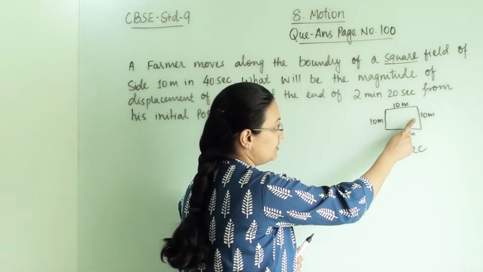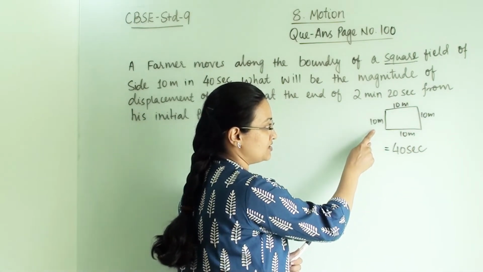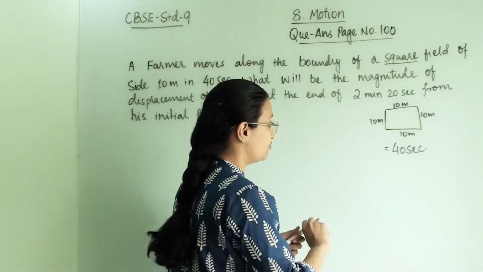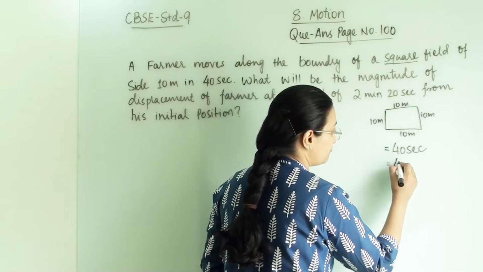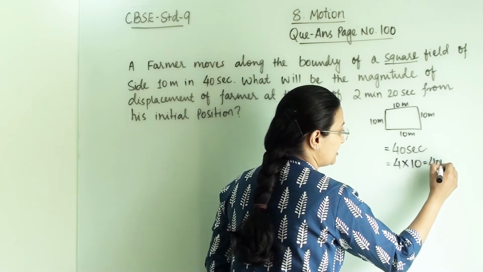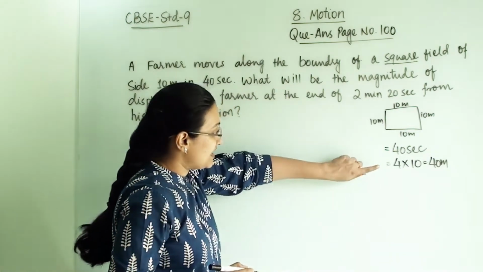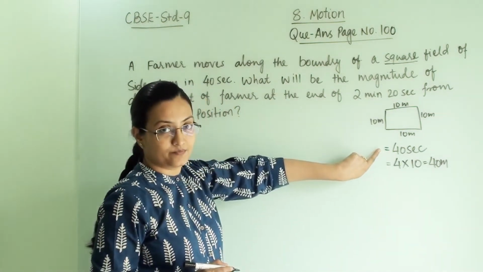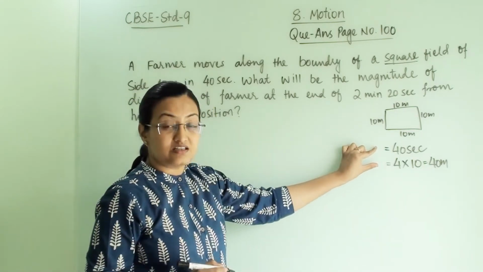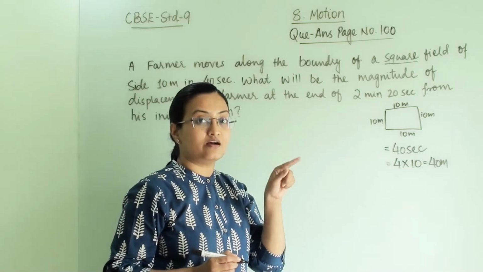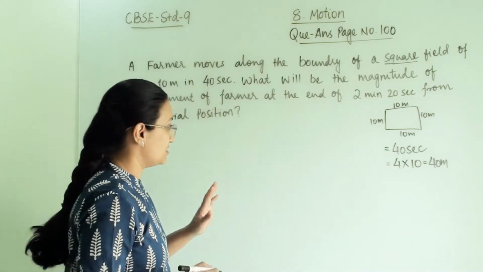So 10 meter, 10 meter, 10 meter and 10 meter. When we find the distance for all these four sides, it is going to be 4 into 10 equals 40 meter. So actually he covers 40 meter in 40 seconds. This is the time for one rotation.